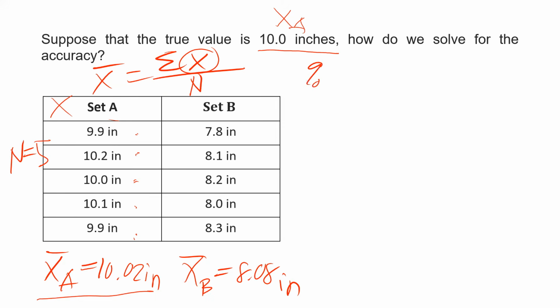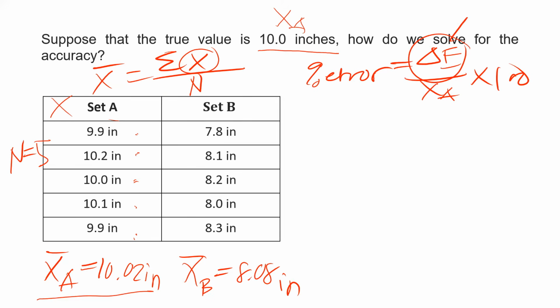Percent error, again, as we said, is equal to the absolute error divided by the actual value times 100. The absolute error is solved through this equation: the absolute value of the experimental value minus the accepted value.